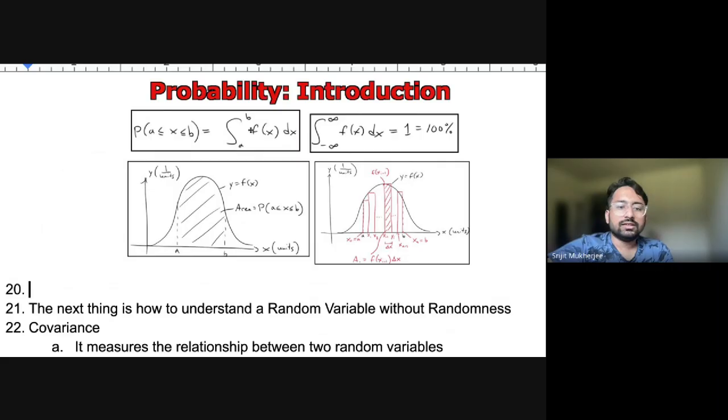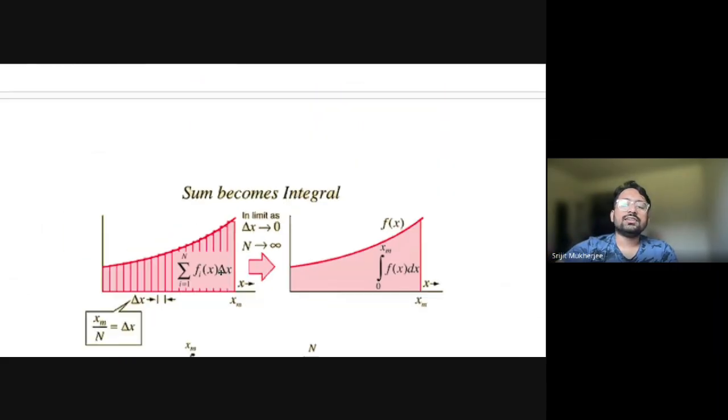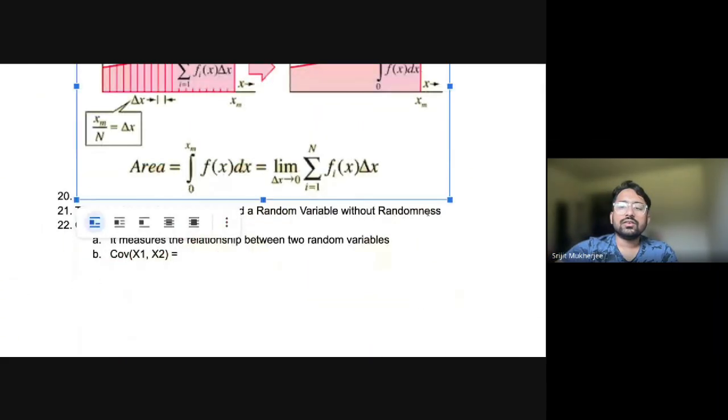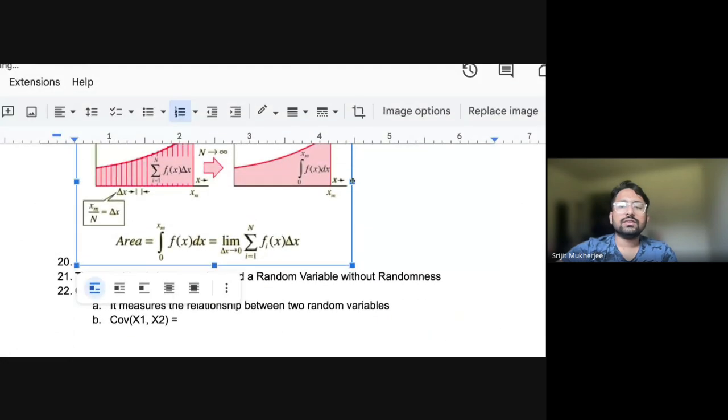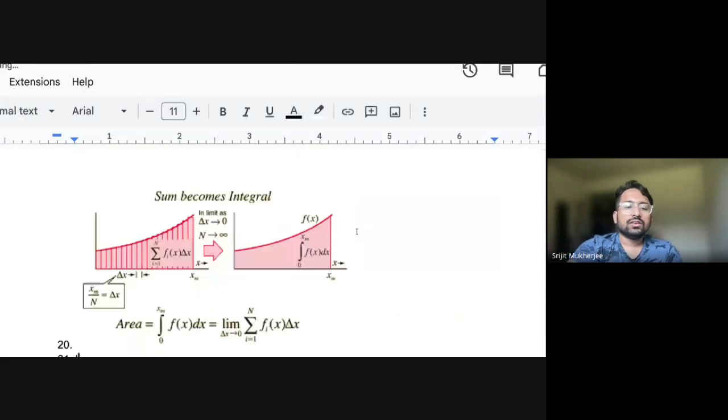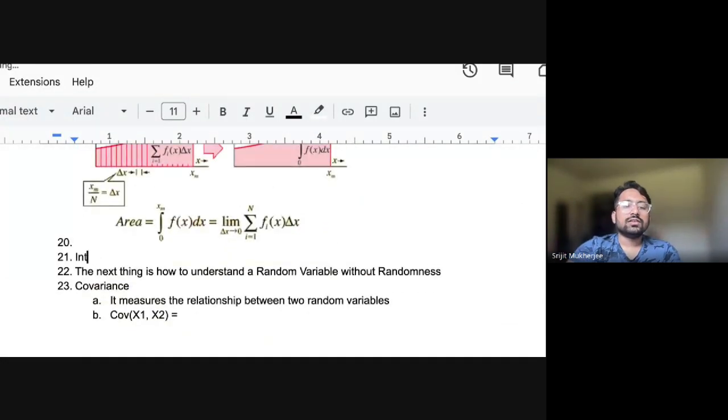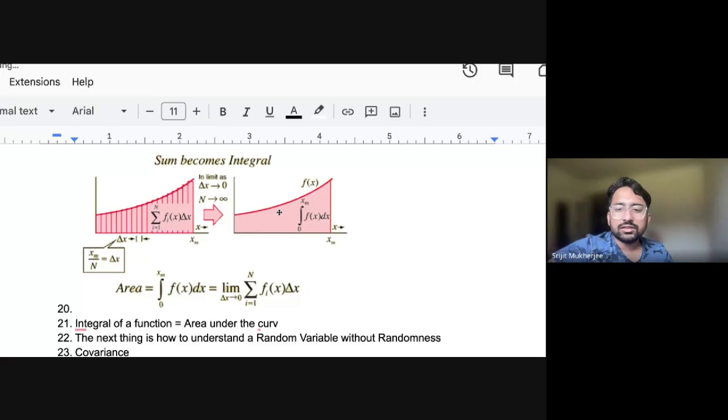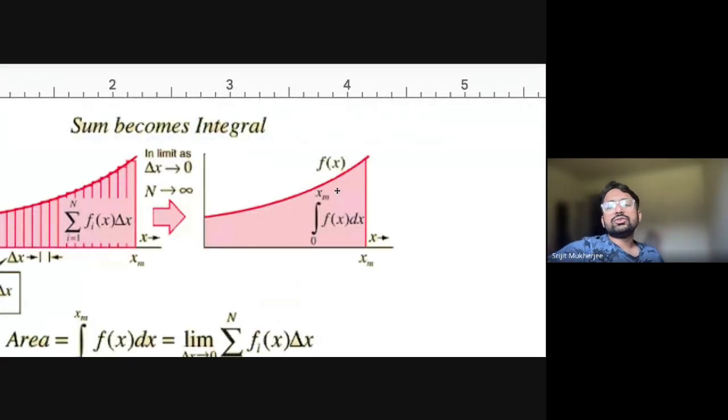Love it. So an integral is nothing but an area under the curve. The integral of a function is the area under the curve of the function when you draw it like this.